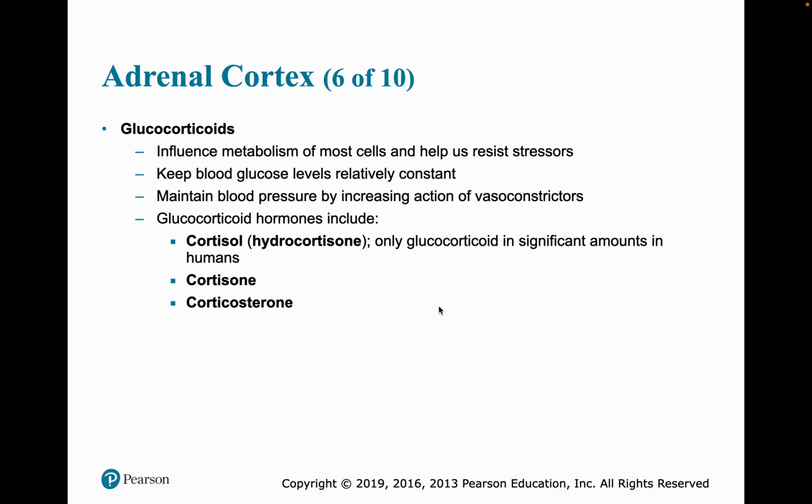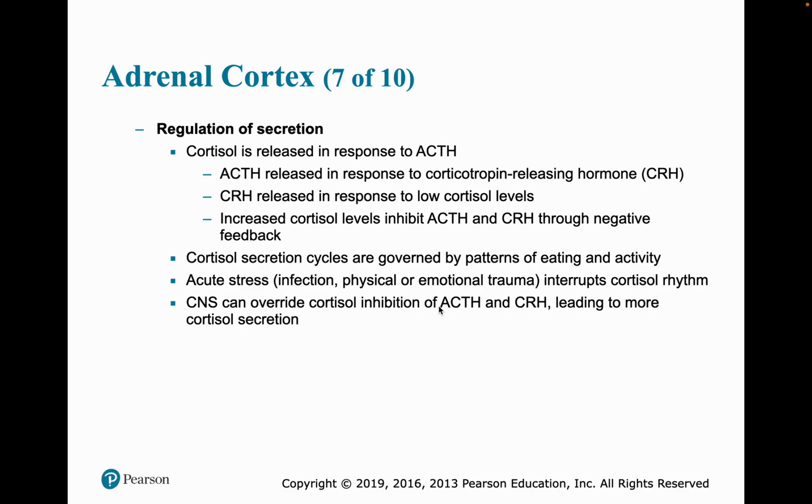Cortisol is also called hydrocortisone. That's the one that is in significant amounts and gets all the press. It's regulated in response to ACTH. ACTH is released in response to corticotropin releasing hormone. Corticotropin releasing hormone is released in response to low cortisol levels.